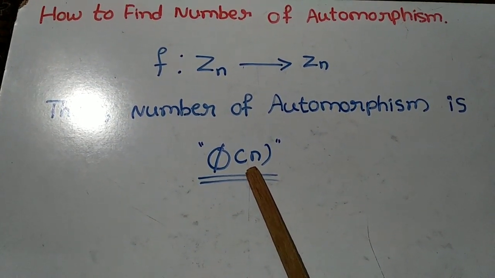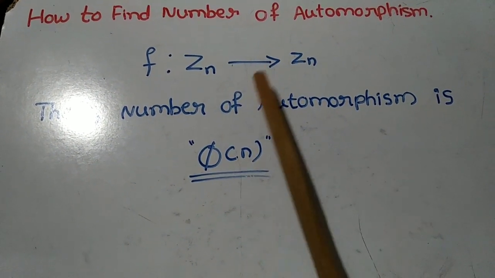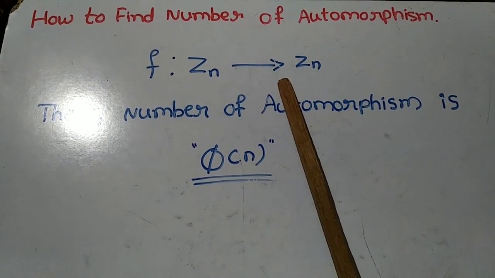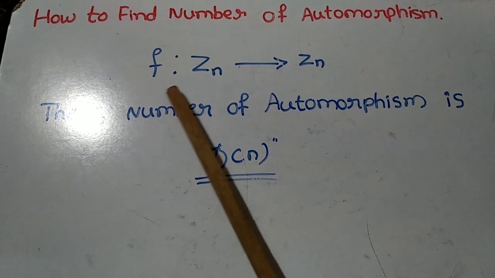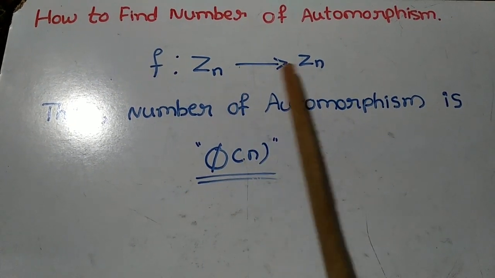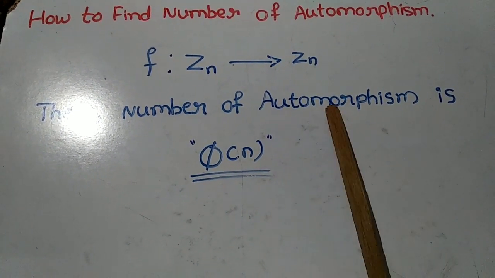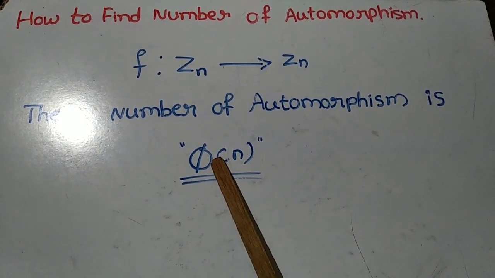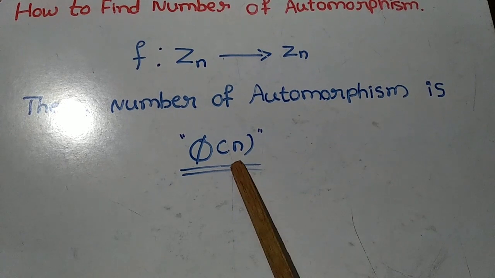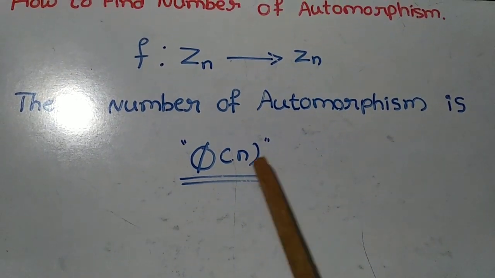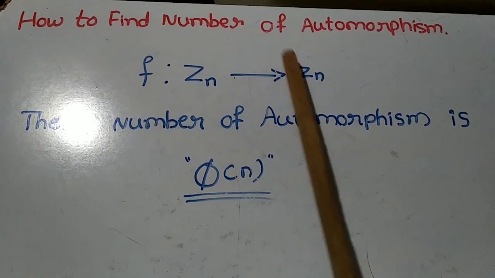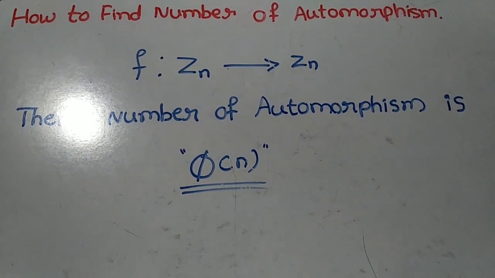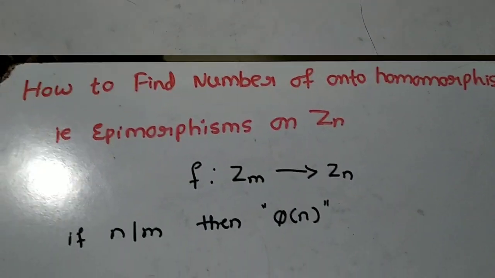If we apply the Euler function formula, then we will get the number of automorphisms in the given function. If your given function is in the form Zn to Zn, then just calculate the Euler function and you will get the number of automorphisms. Let me tell you an example, then this will get clear to you.